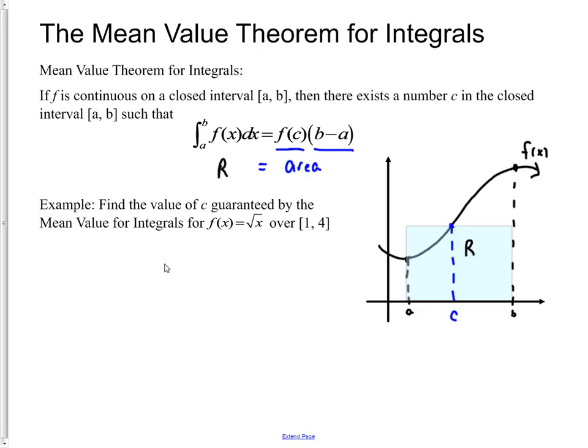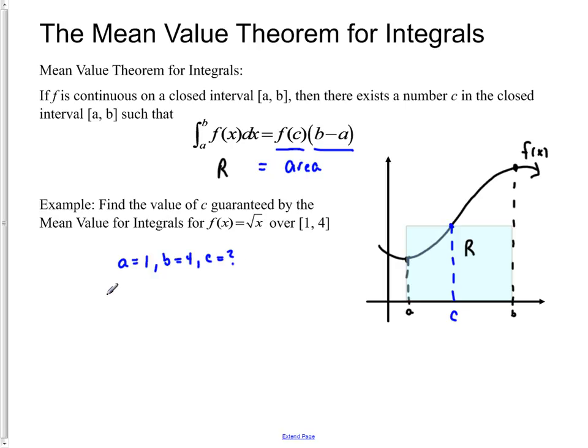Well, on the interval from 1 to 4, we've got a is equal to 1, we've got b is equal to 4, but we need to find some value of c that satisfies this particular requirement right here.